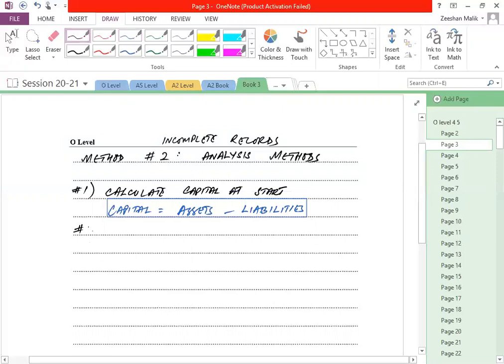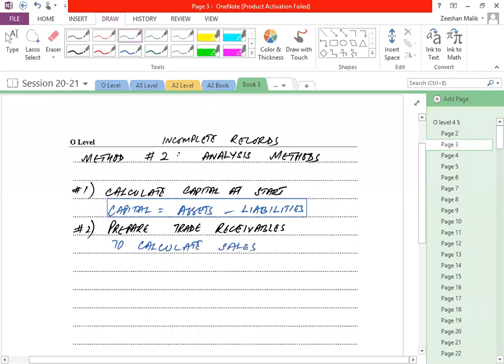Method number 2. Prepare trade receivables to calculate sales.